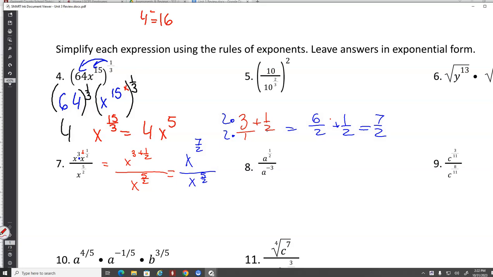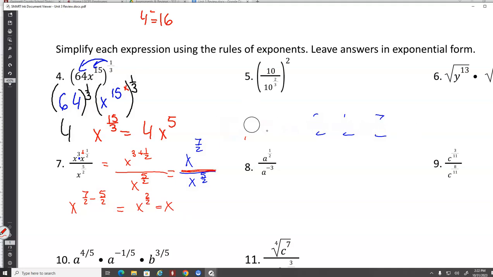Now, of course, another exponent rule is, as we divide two of the same base, we are going to subtract their exponents. So x to the 7 over 2 minus 5 over 2. Okay, so that's going to give me x raised to 2 over 2, which simplifies to simply x to the first power.